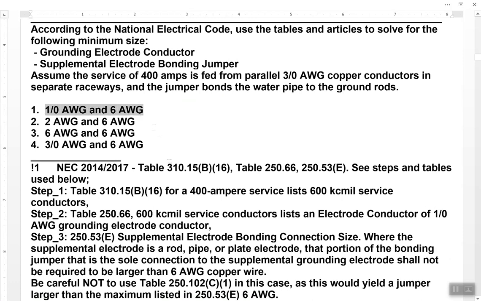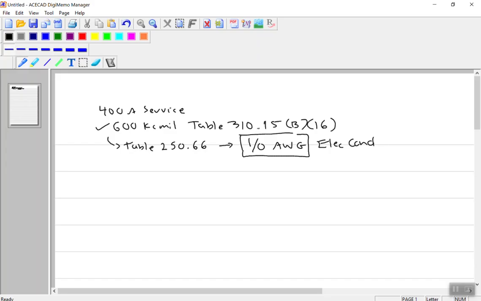Okay, very good. So let's go ahead and put in our notes, right? For the supplemental electrode conductor, right? We were in article 250.53, write this in your notes, E, right?